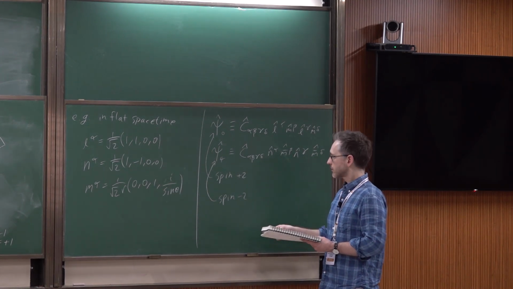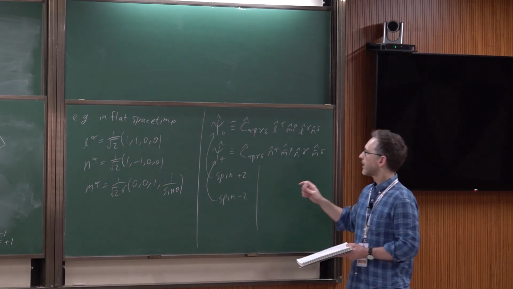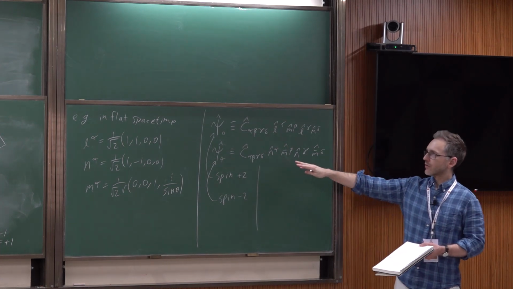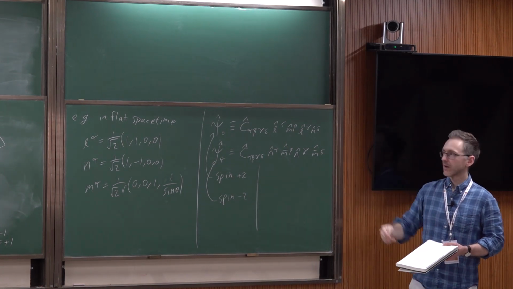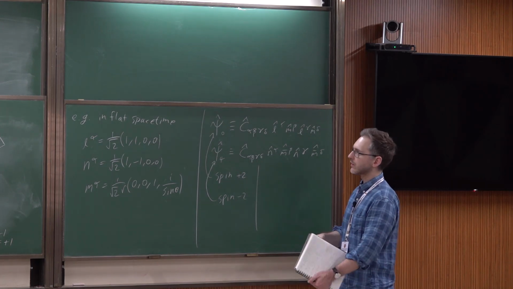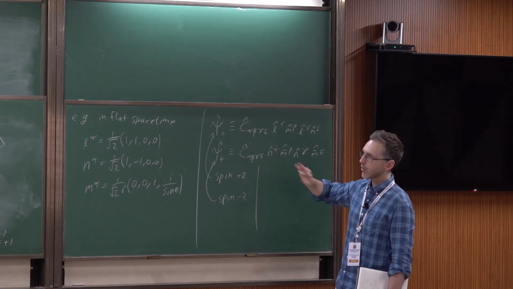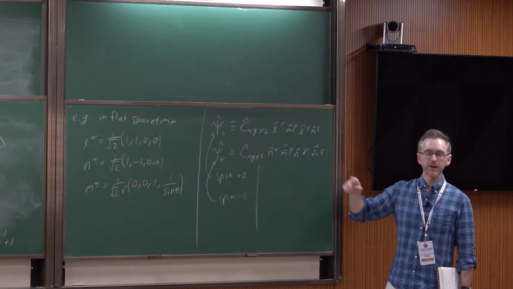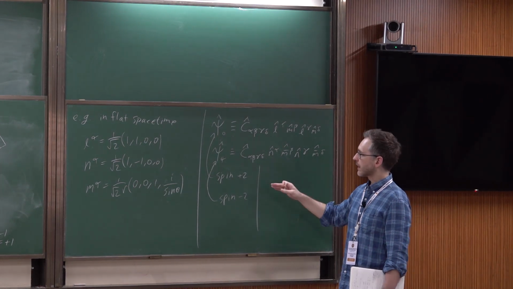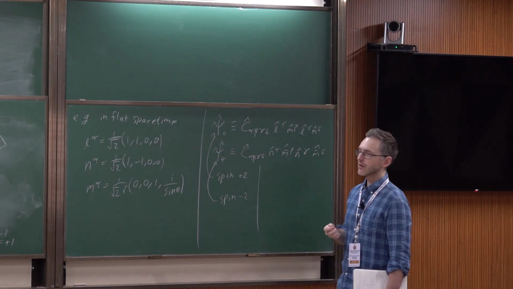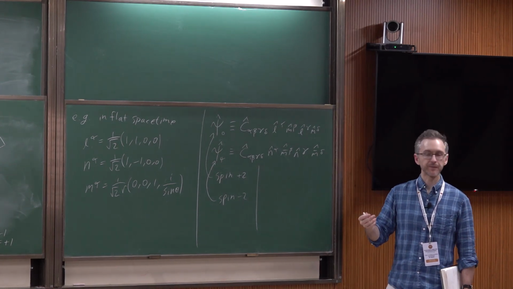Now, I'll mention one thing. Not only does psi 4 or psi 0, either one of them, in the perturbative context, encode most of the metric perturbation, even in the fully nonlinear context, psi 4 directly encodes the waveform at infinity.